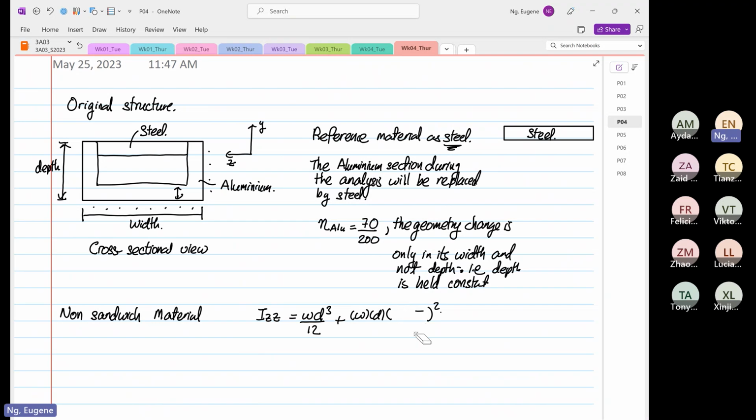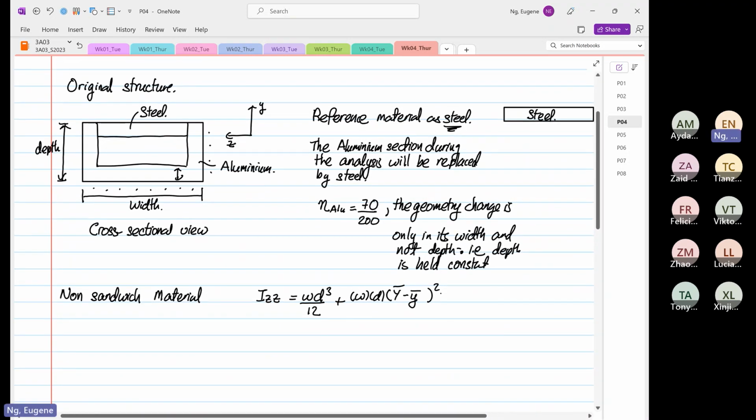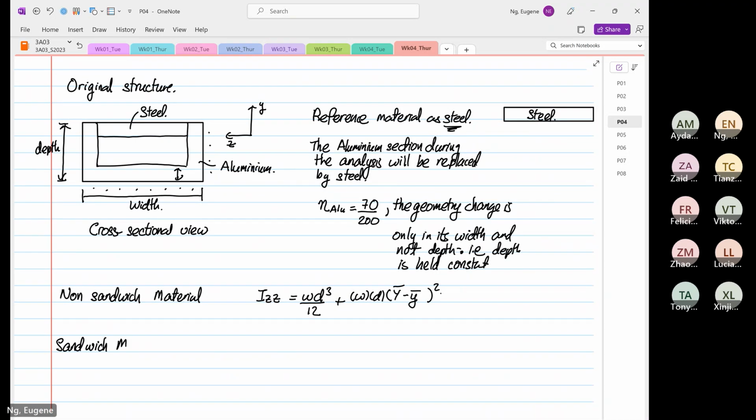Oh, sorry, y, not z. Now, remember, for sandwich material, the rule is such that the thickness changes and the depth is held constant.